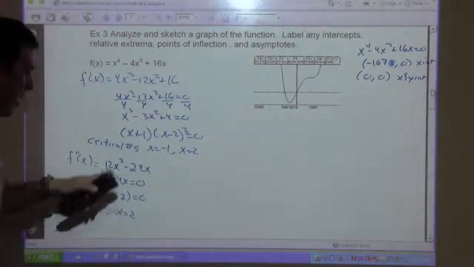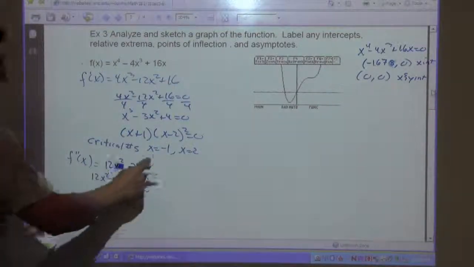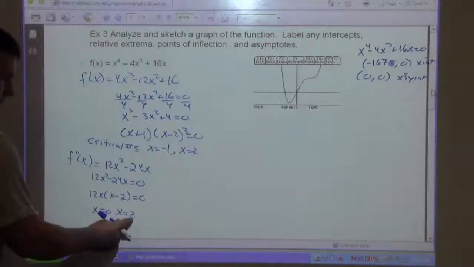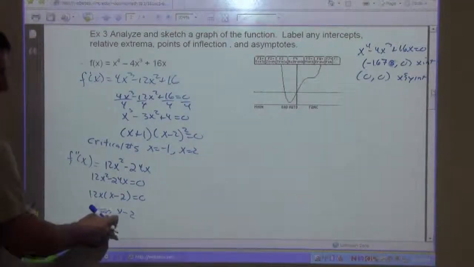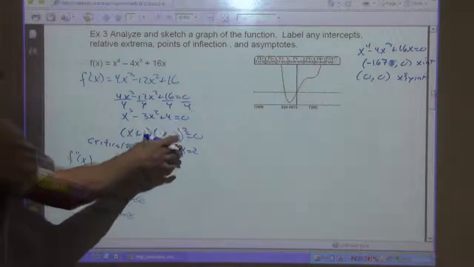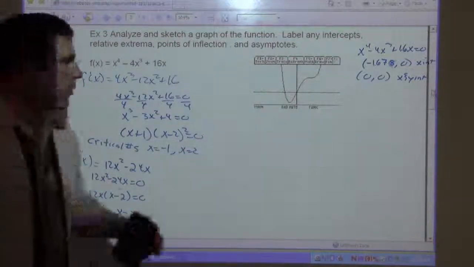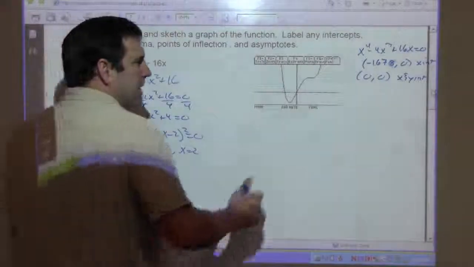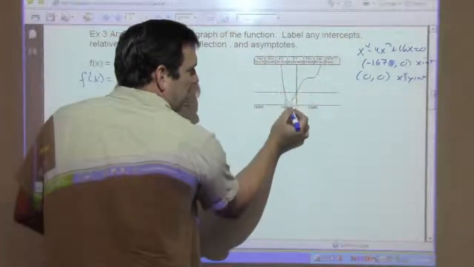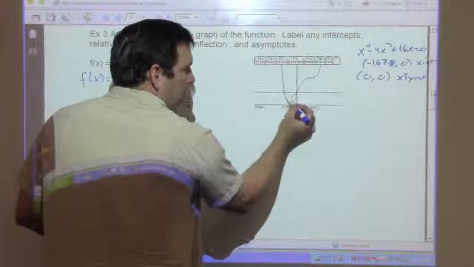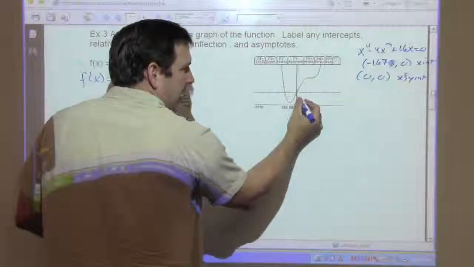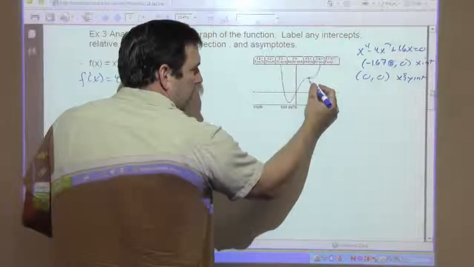We're going to take these values that we have. We have the critical numbers, negative 1 and 2, and these numbers 0 and 2 to explore from our first and second derivatives to find where we have concavity changes. And if you look at this, you can kind of guess, just looking at it without looking at the answers. Concave up here, it looks like it changes concavity at 0. That's where it kind of goes to be facing down.